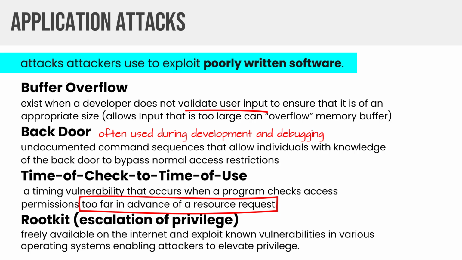So rootkits are freely available on the internet, and they're intended to exploit known vulnerabilities in various operating systems, enabling attackers to elevate privilege. So you'd see this in an escalation of privilege attack scenario. Web application vulnerabilities.